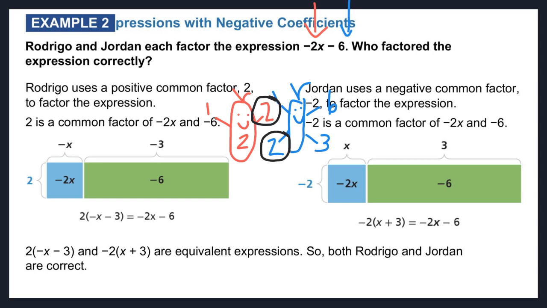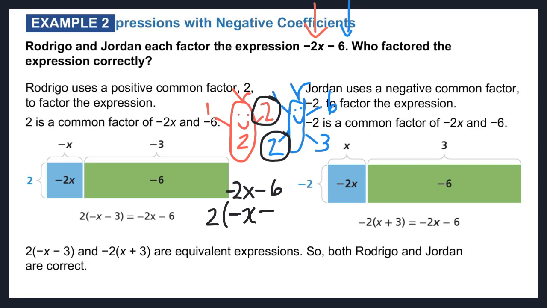All right. So if I happen to have the expression negative 2x minus 6, and I pull out a 2, how am I going to turn that 2 into a negative 2x? Well, I'm missing the negative, and I'm missing the x.